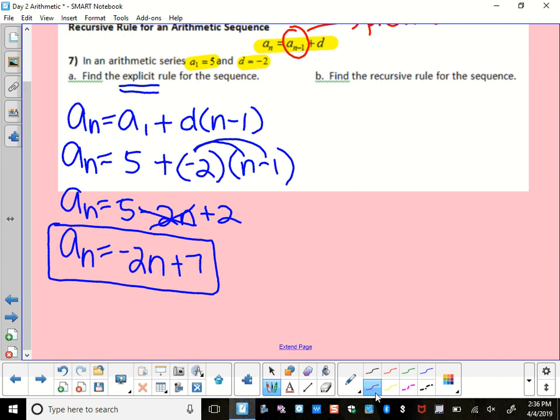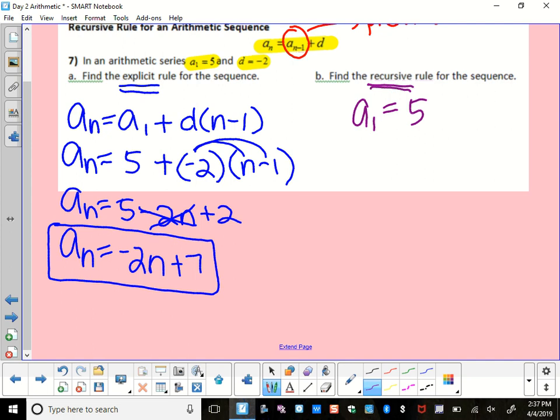I think the recursive rule is one of the easiest parts that we have to do. Okay, that was the explicit. When it says find the recursive rule, you need 2 things. You need where we're starting, and we need the rule. Well, I'm starting where? What did it already tell me? What's my first term? 5.